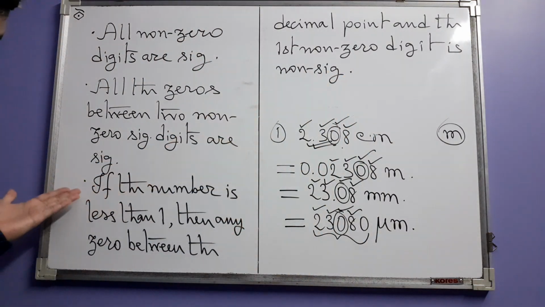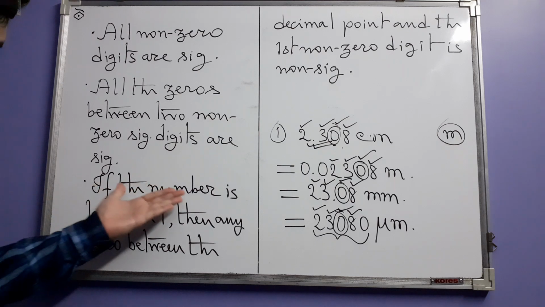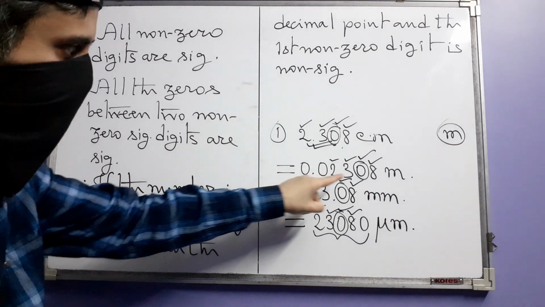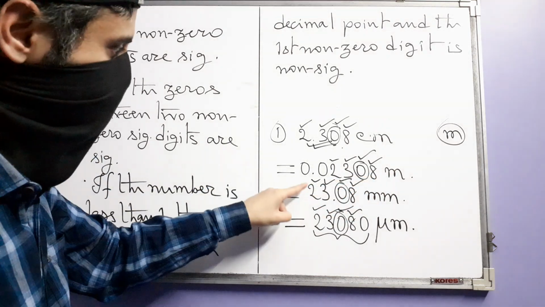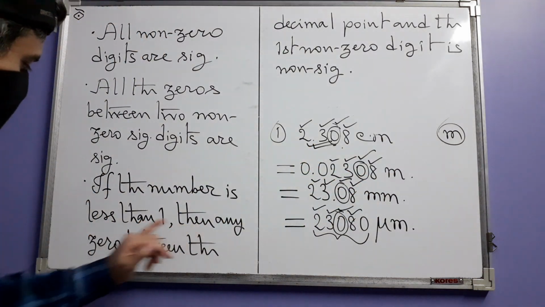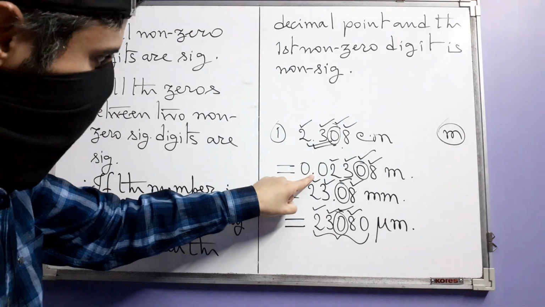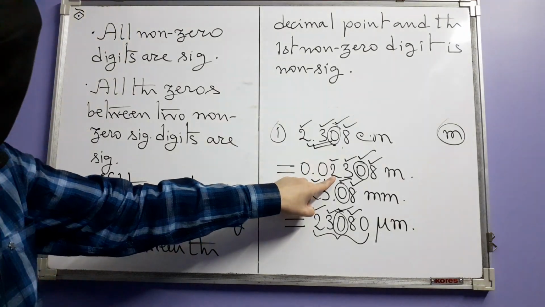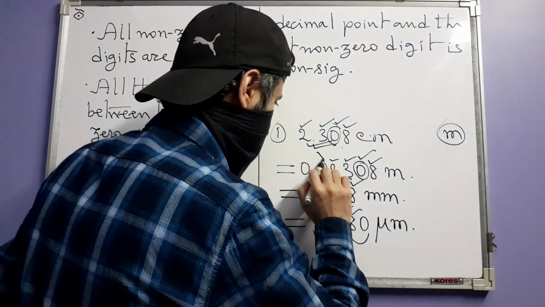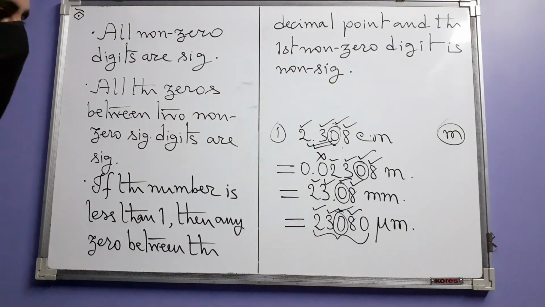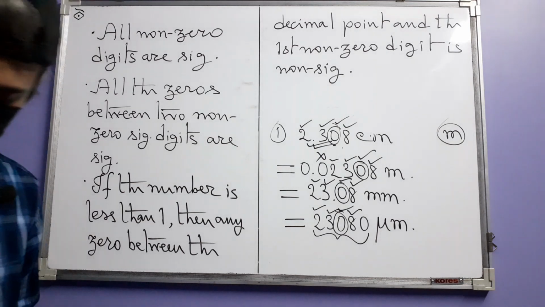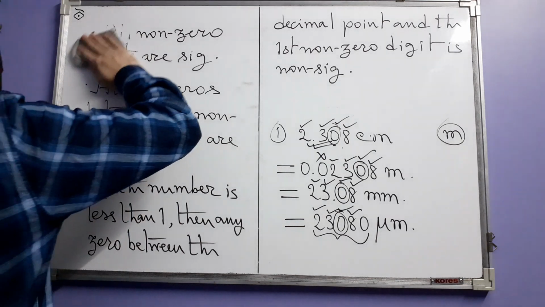Let me read again. If the number is less than 1, which is the case here with this unit meter, then any zero between the decimal point and the first non-zero digit should not be significant. So this zero should not be significant. Okay, so that is another rule. Fine.